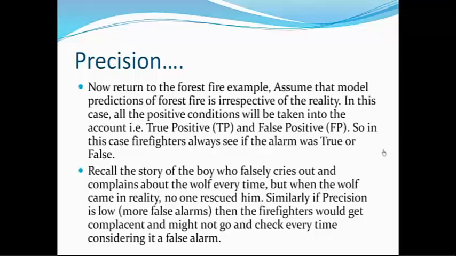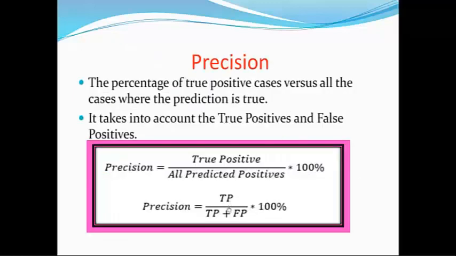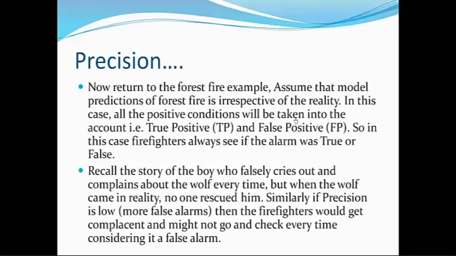Assume that the model predicts forest fire irrespective of the reality. So all the positive conditions will be taken into account, that means true positive and false positive, because we have to check how many times the device is predicting true.